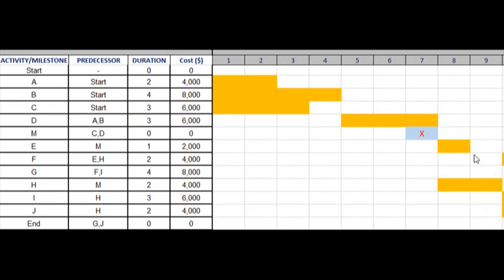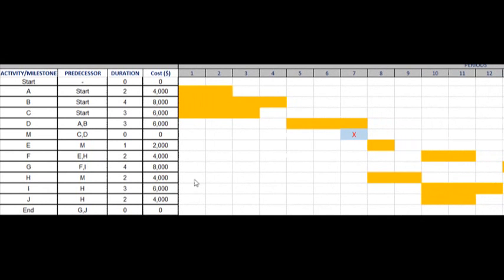So let's start by first defining E and H, and now we can define when F starts. So F starts here as a result of E and H, and I and J are able to begin on the completion of H, a finish-to-start relationship with H, I, and J.